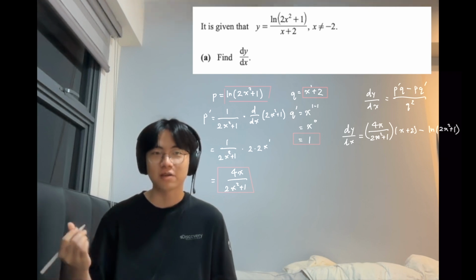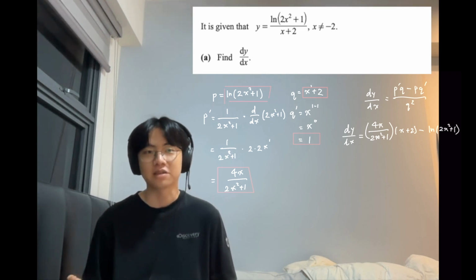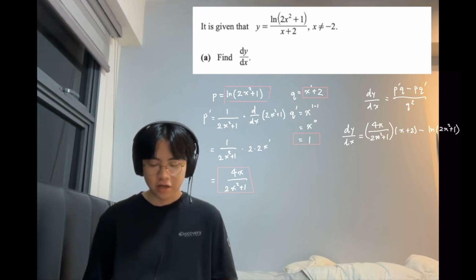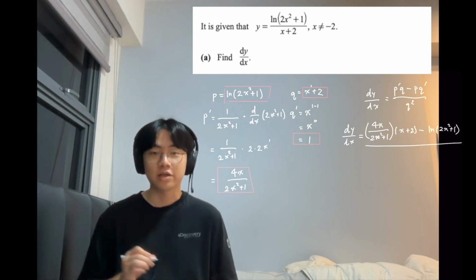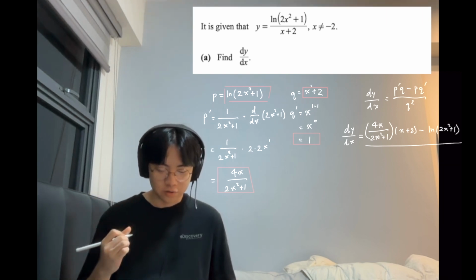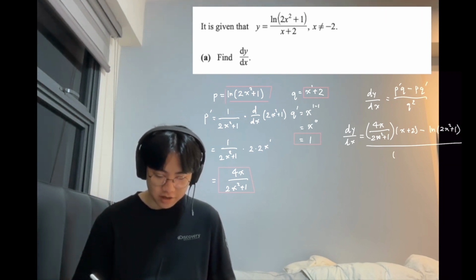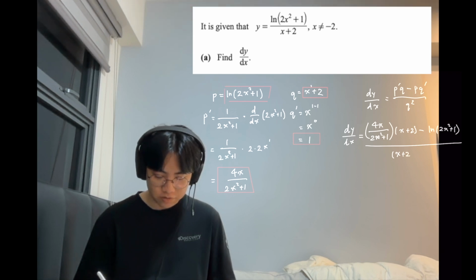So everything times 1 is just this thing again, essentially. And then this entire thing, we want to be dividing by q squared. Q squared will be (x + 2) squared.